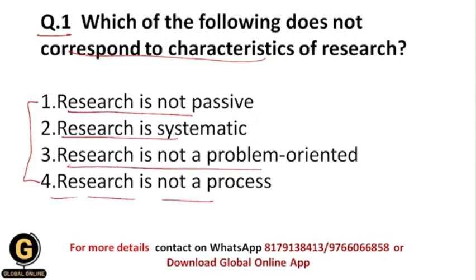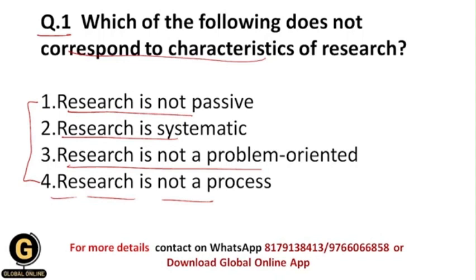Basically students, research means we are going to solve any kind of problem through a systematic procedure. Within the research we are going to follow a proper scientific method, and that's why research is not passive.